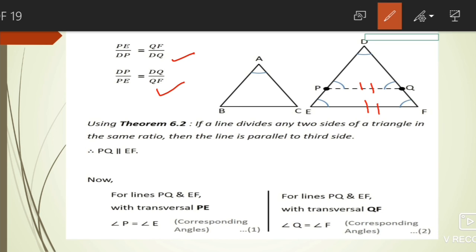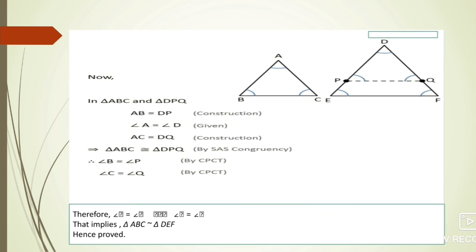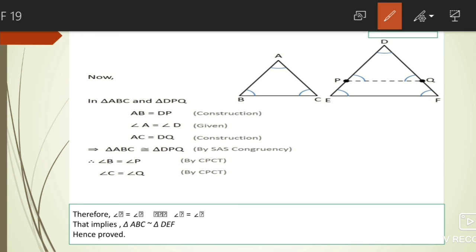Since they are parallel, you can state that angle P will be equal to angle E and angle Q will be equal to angle F, because they are corresponding angles. These two are the same as the previous one. Now again take triangle ABC and triangle DPQ. AB is equal to DP.